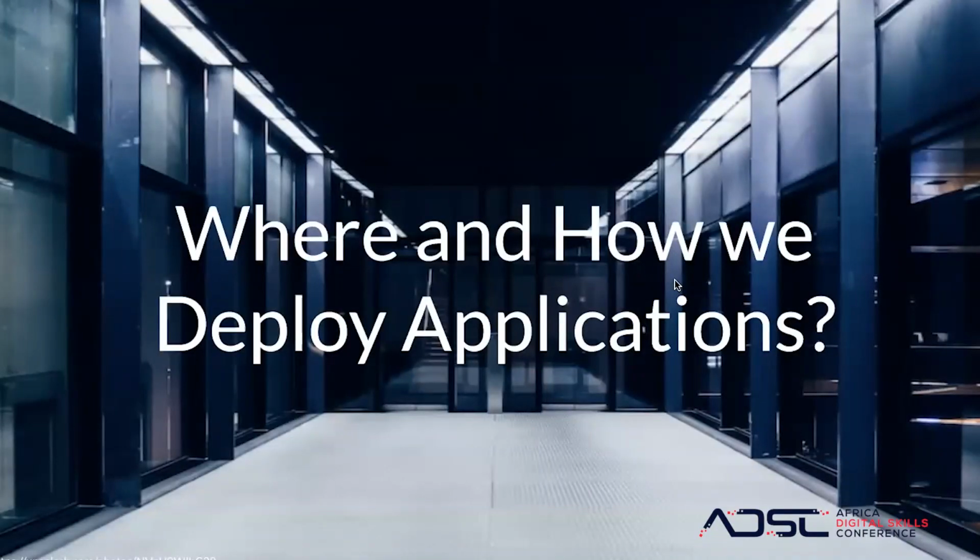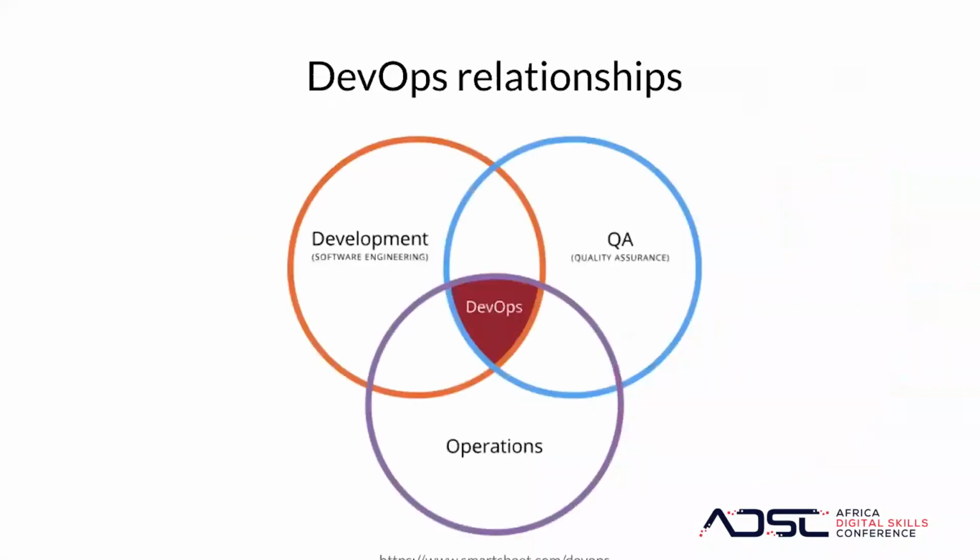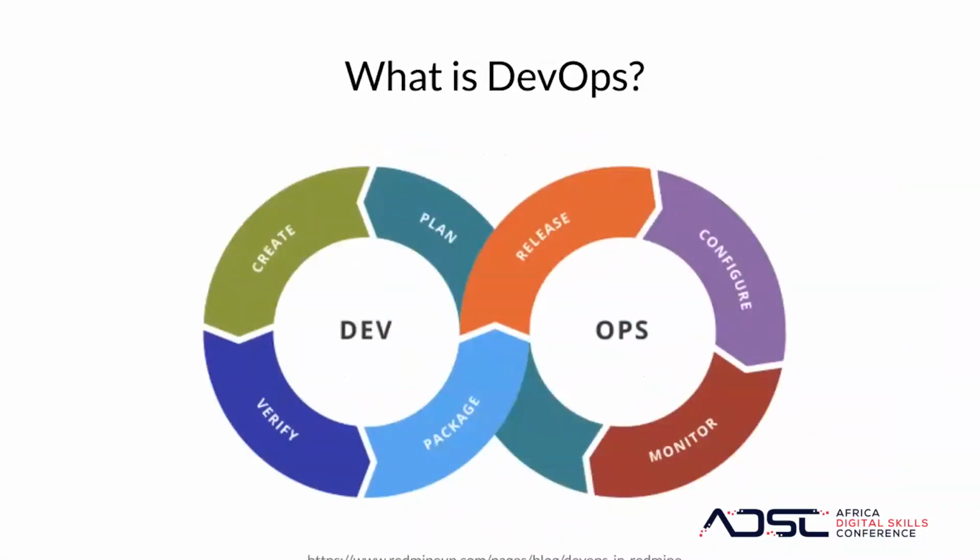So I hope that by now you're very clear what DevOps is. DevOps is a mindset, an approach to deliver software, to build the software. One approach was you take the software, you build it, and someone deploys it. DevOps says no, automate everything, make everything faster, make everything a standard.